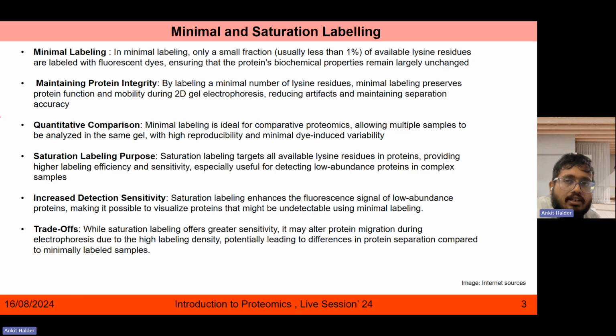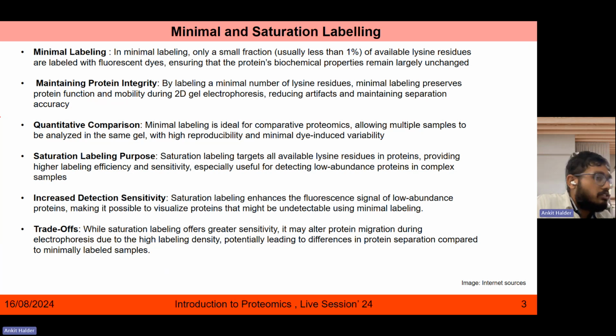Because in this, you have now understood that the whole goal of the experiment is to label with different dyes and visualize your particular protein, get those intensities and try to find out its expression level, and then finally interpret your result, what is the case for your particular protein, what is the differential expression pattern.